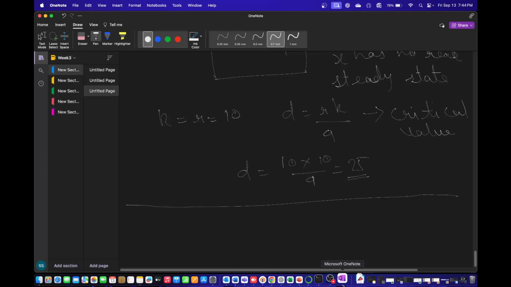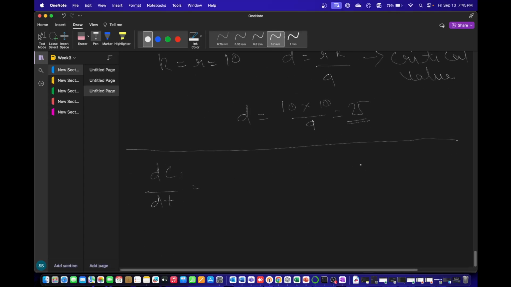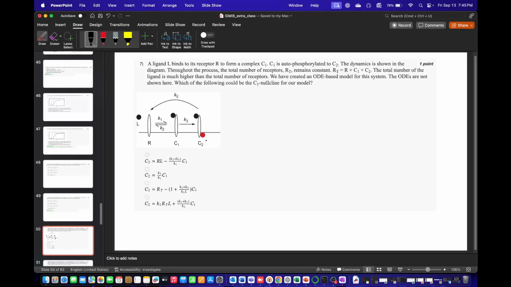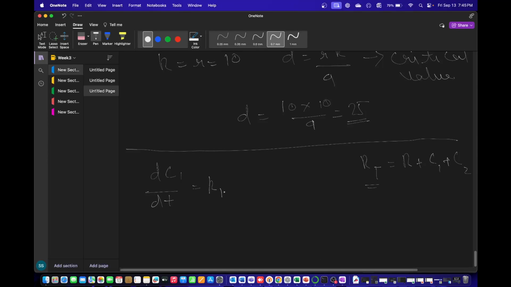So if we write this in terms of dC1/dt, right? Before that, R total is given as R plus C1 plus C2. So this is constant, RT is constant. Okay, in terms of C1, it is getting formed from L and R with K1. So K1 into LR, right?